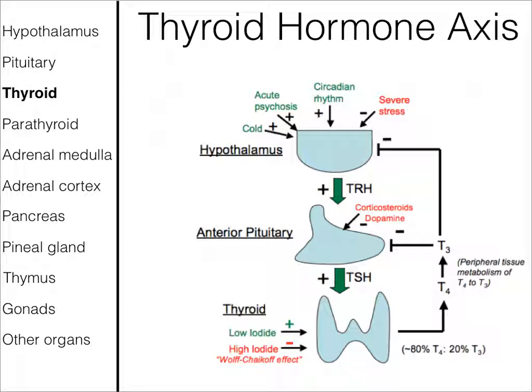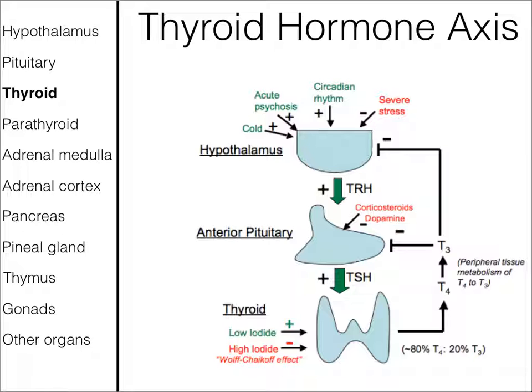Circadian rhythm. This is less true in humans than in other mammals, but it is still true in humans. Most mammals are more active in the summertime, springtime, than they are in the winter. Since we're a diurnal species, we are more active in the daytime than we are at nighttime.